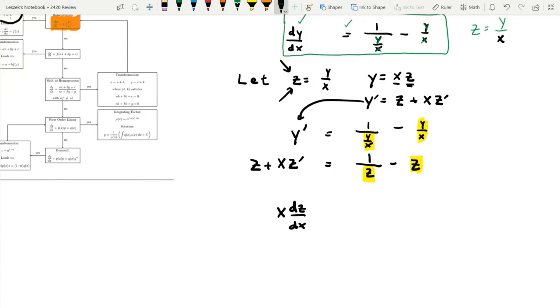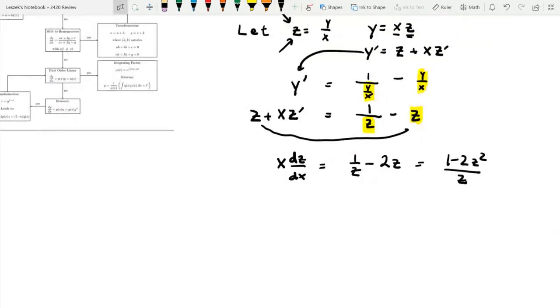Okay, so we're going to subtract the z over to the right-hand side because our purpose is to get all the z's together. Maybe find a common denominator here. And then bring all the z business to the left-hand side, and all the x business to the right-hand side.